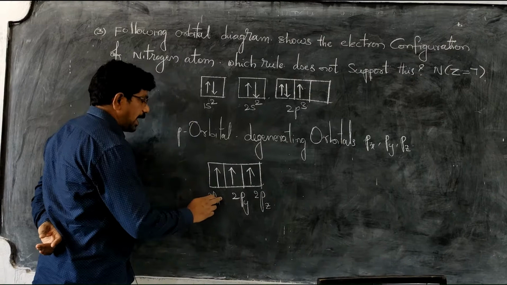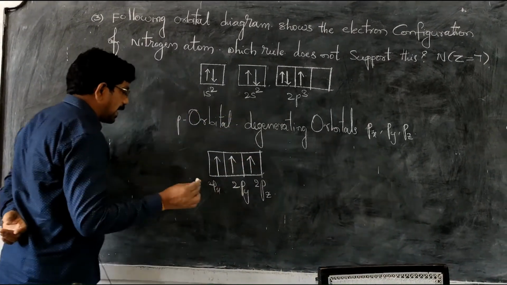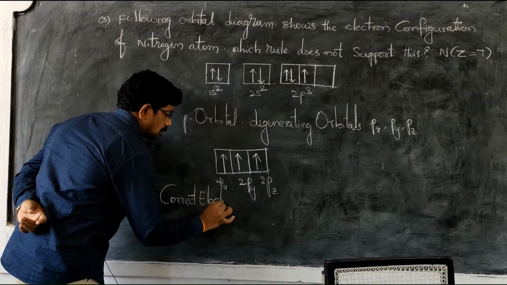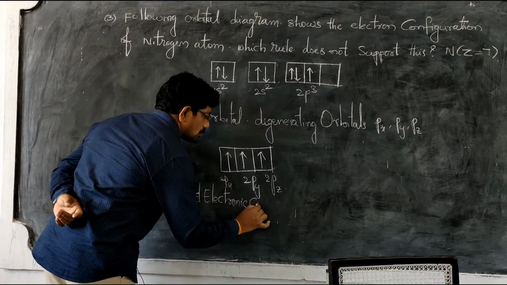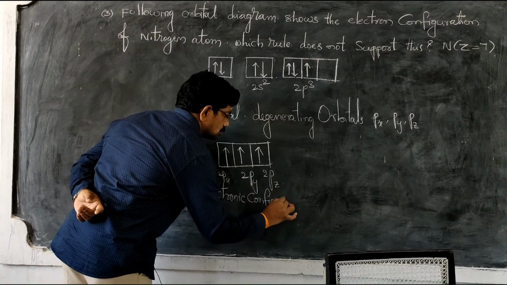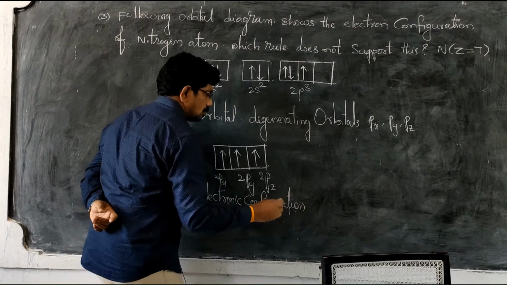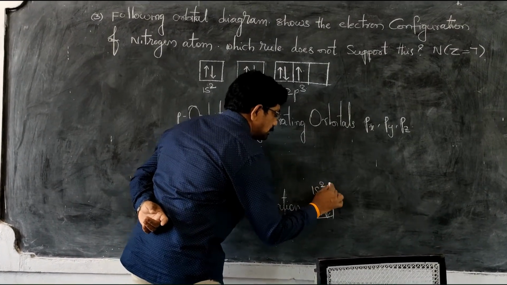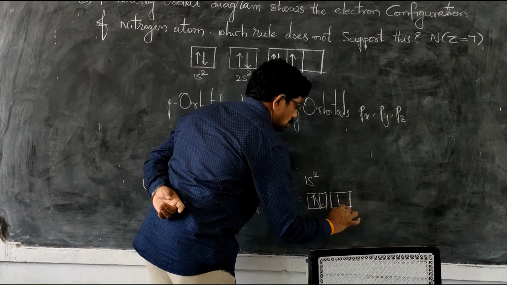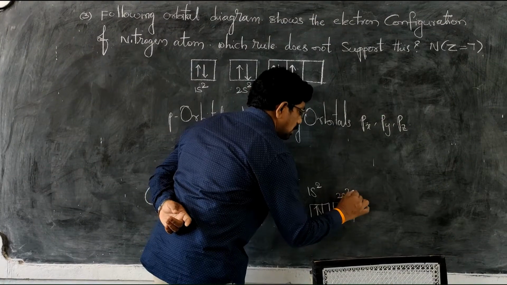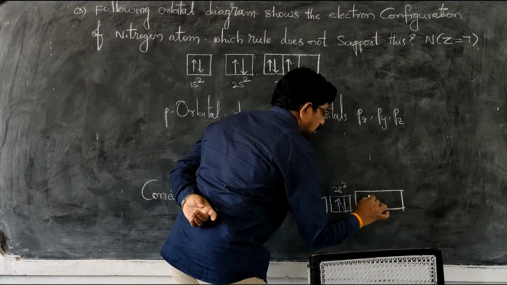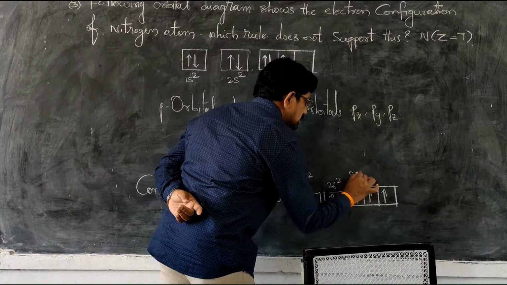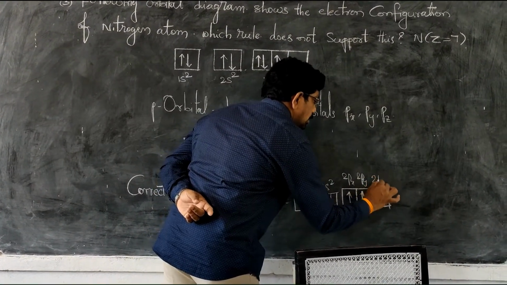Hund's rule is violated. So what is the correct electronic configuration here? One electron each. That is 2px1, 2py1 and 2pz1. So the correct electronic configuration is 1s2, 2s2 and 2p3, with 2px, 2py and 2pz each singly occupied.